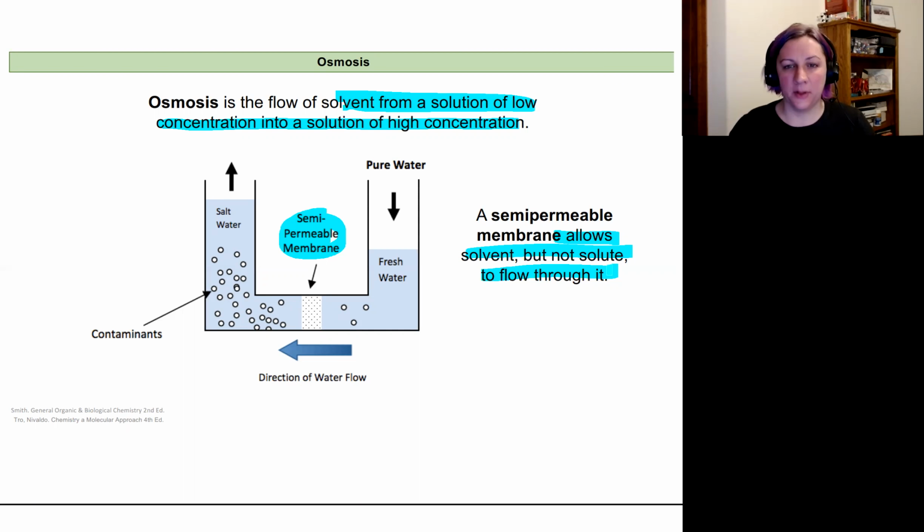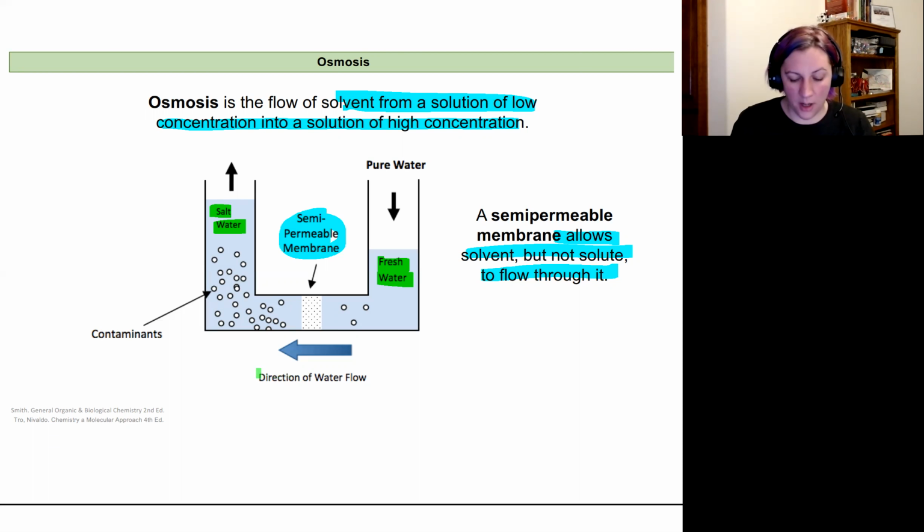When we have a semi-permeable membrane, and let's just take salt water for an example, on one side and fresh water on the other, like we have here, that driving force to mix will drive the solvent, the water, across the semi-permeable membrane to try to dilute the more concentrated side.